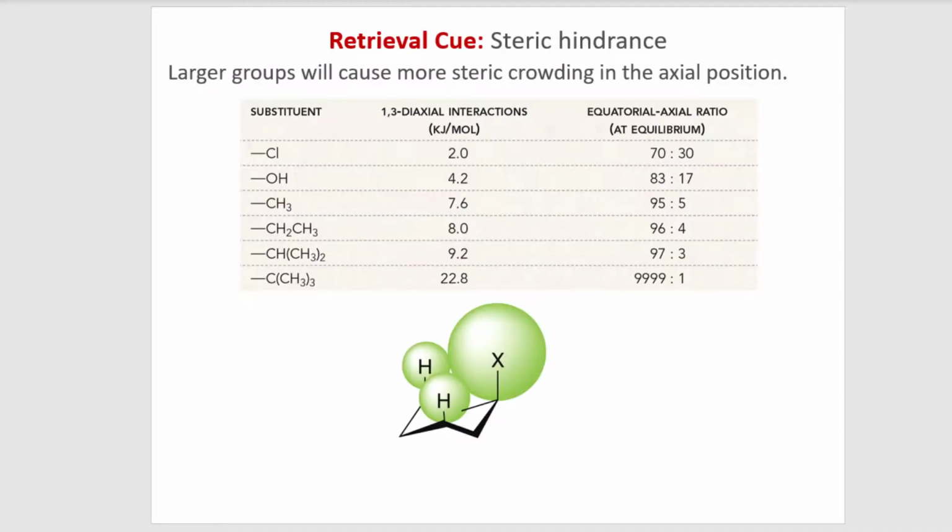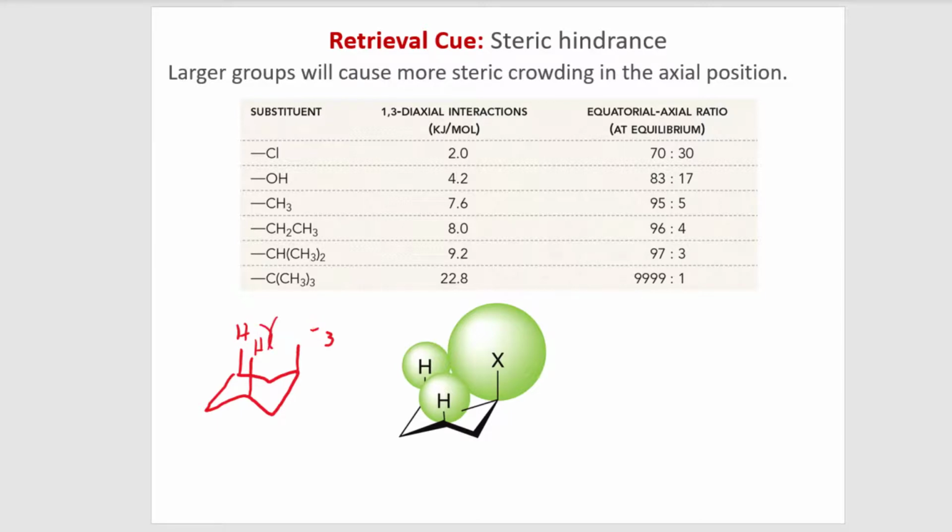The larger that group, X, the greater the energy due to steric hindrance. And you can see that as we go through. As we switch from, say, an OH to something more tetrahedral with bonds coming off of it, CH3, put more carbons off of it, ethyl, isopropyl. So if I had an axial methyl, that's going to interact with the two hydrogens in a bad way.